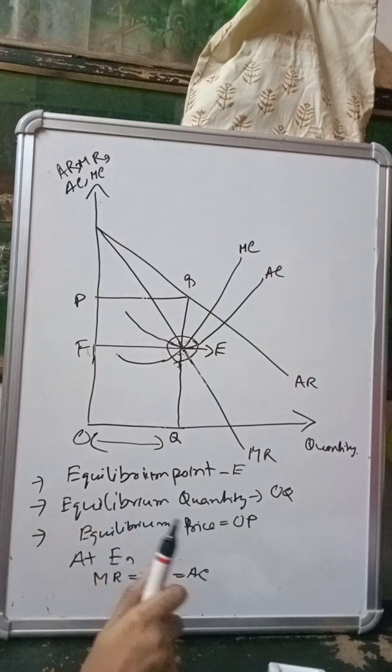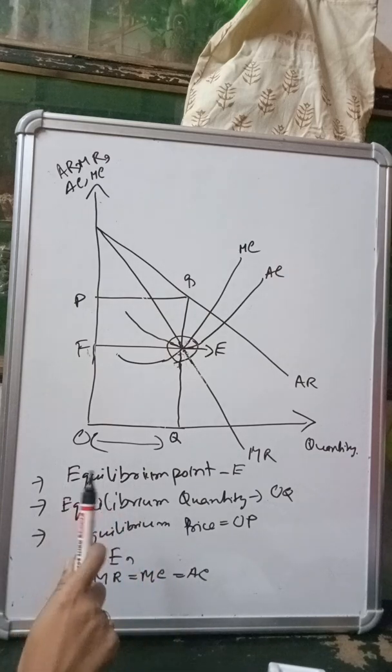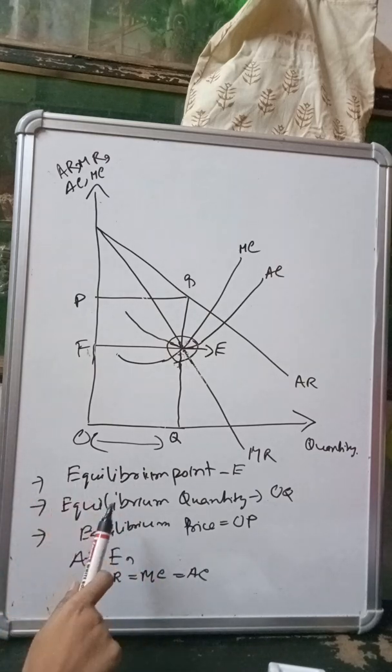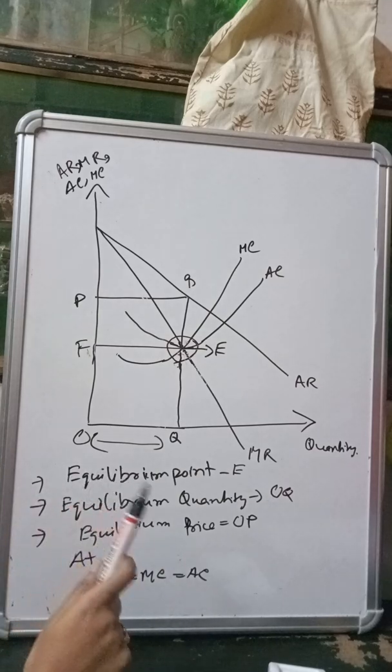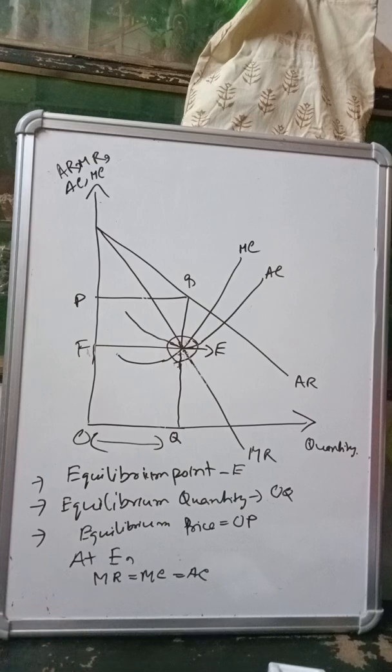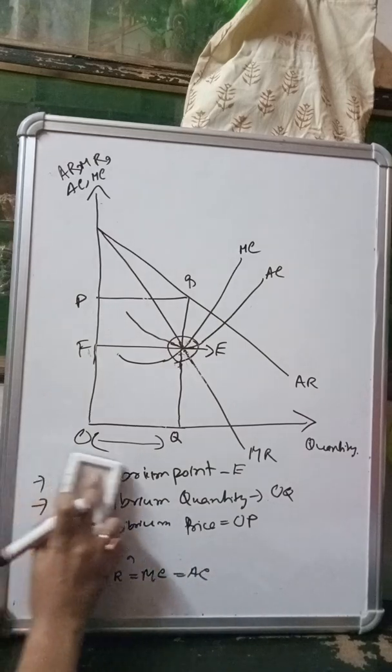But this is not true for monopoly. Why? Because if you notice carefully, here the monopolist is earning a supernormal profit, right? How? I have already shown you how we calculate profit.